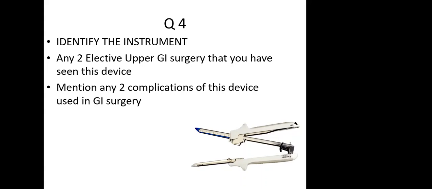Number one, when there is a staple line misfire, what are the problems with a staple line misfire? Sir, there won't be proper cutting or stapling if it misfires. So number one, there is bleeding from the cut edge, which is an active bleed.